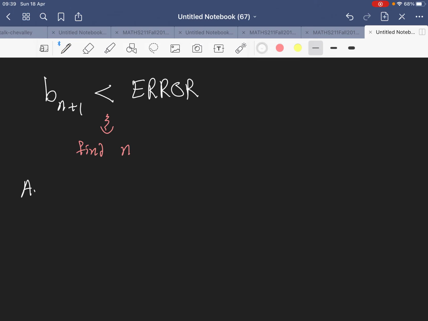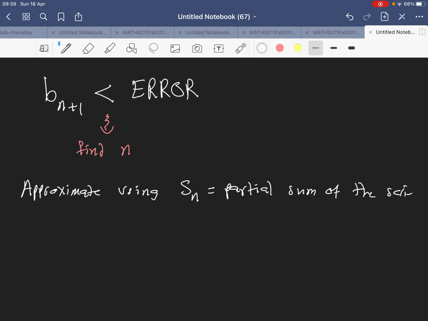So you will approximate using S_n, which is the partial sum of the series up to n, which is b1 minus b2 plus b3 and so on. If you want, I can write it down. b1 minus b2 plus b3 minus b4, and then up to bn.